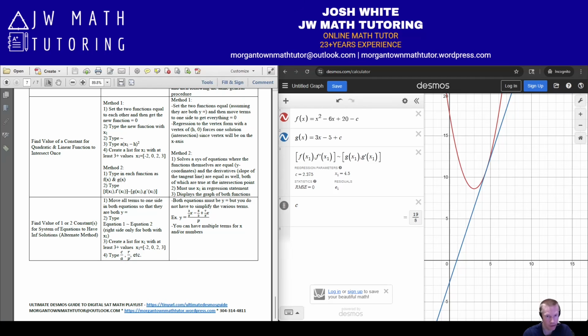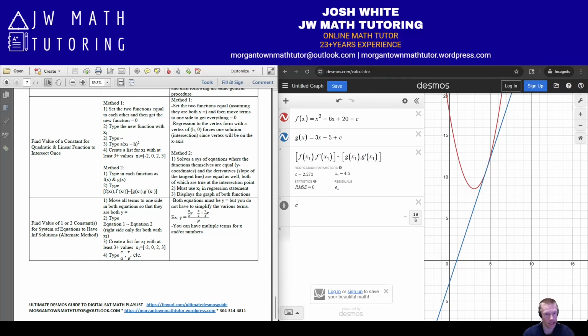In the previous video, I was showing how to use regression to find the value of one constant. But this is an alternate method you could use if you only need to find the value of one constant, or this is a method you can also use if you want to find the value of two constants. Okay, so let's say there's like a C and an A or an R and a P or whatever it is. Okay, so this will work for that as well.